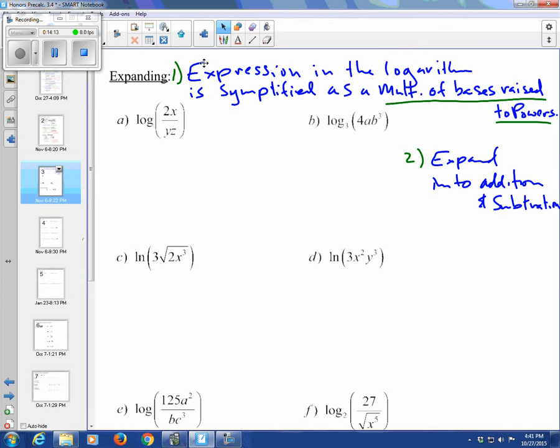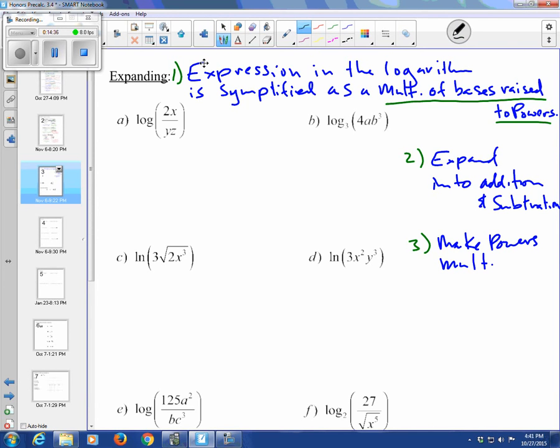And then our final step is going to be to make powers multiplication.